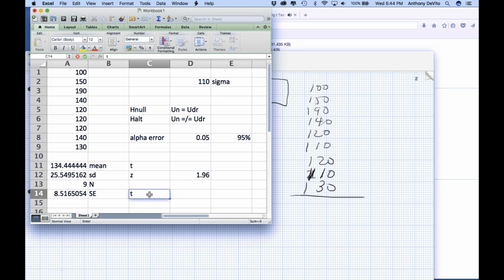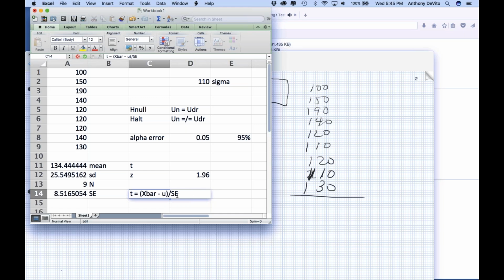So t is going to be equal to x bar minus mu. Okay, in the case where there's two means, we would put x bar 1 minus x bar 2. But in this case, we only have one sample and we're comparing it to a known mean. That's the difference between these two means divided by the standard error.